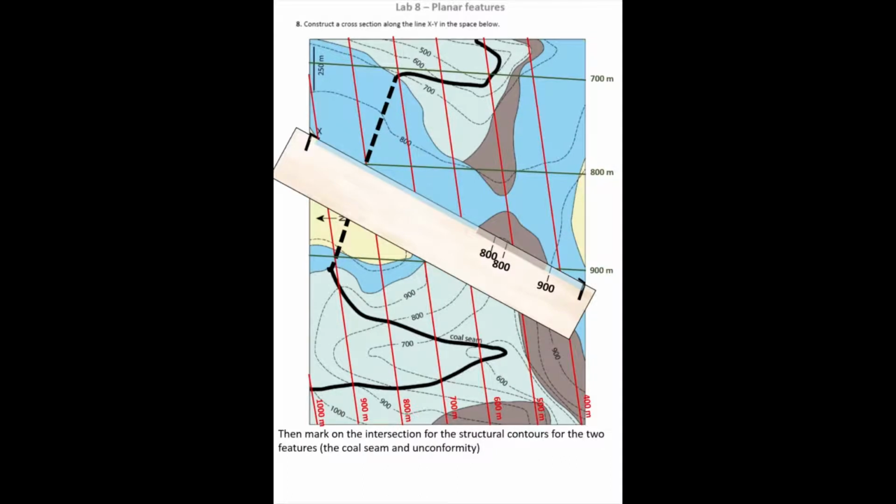So I'll first of all mark on all of the structural contours for the coal seam, and then I'll mark on all of the structural contours for the unconformity. You can see my structural contours for the coal seam are in red, and my structural contours for the unconformity are in green. So I've marked on everywhere where our cross section crosses those. Okay, then that's all of the information I can take from the map.